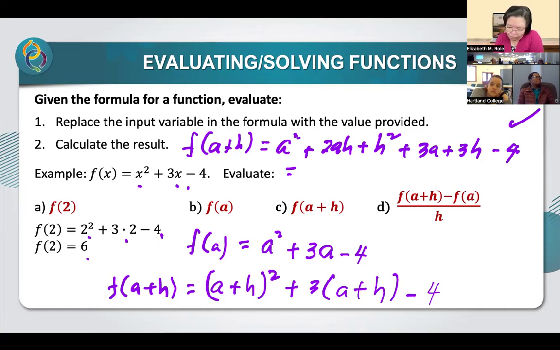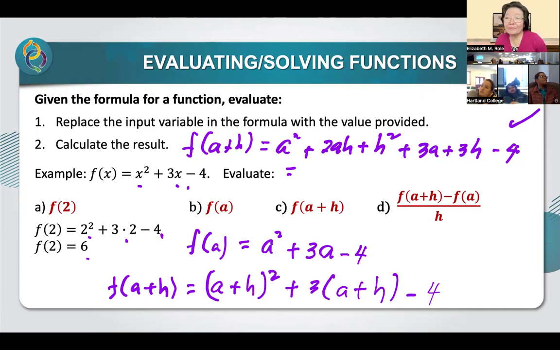Put them together. You already know your f of a, and you know your f of a plus h.